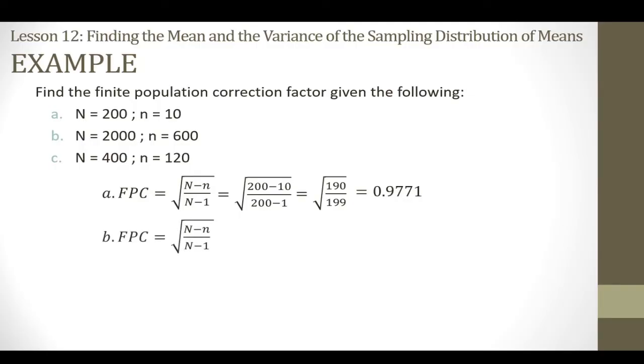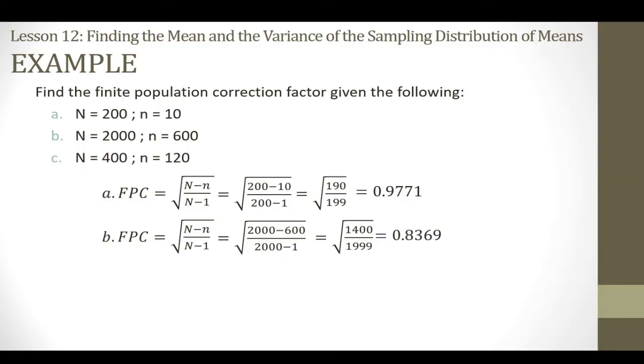Next. Again, for the second one, ang total population ay 2,000. Ang samples ay 600. So again, substituting on the formula, 2,000 minus 600 over 2,000 minus 1. 2,000 minus 600 is 1,400. 2,000 minus 1, 1,999. Get the quotient, then get a square root. We will be able to obtain, very good, 0.8369.